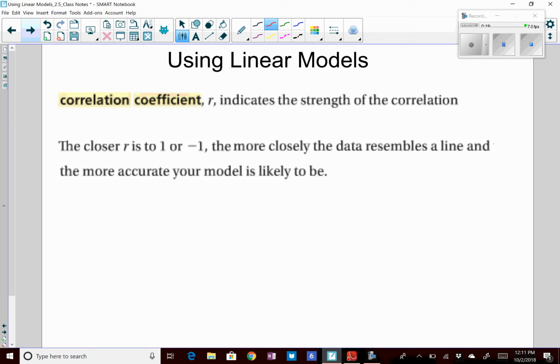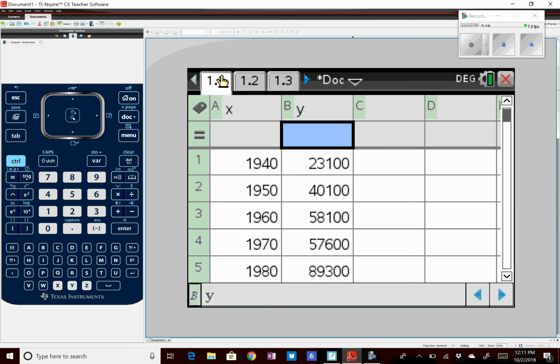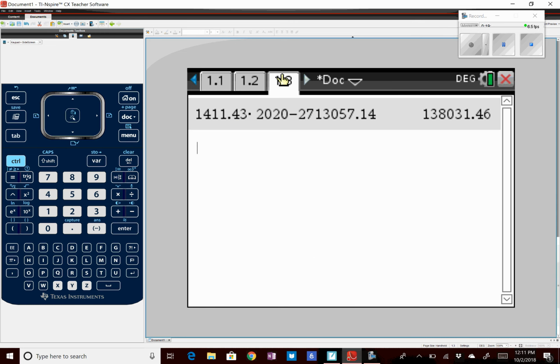If we go back and let's take a look at this. We had the data entered for the median home prices. What you could do now, let's go back and we'll get that calculator screen again. So here's how you get that R value.